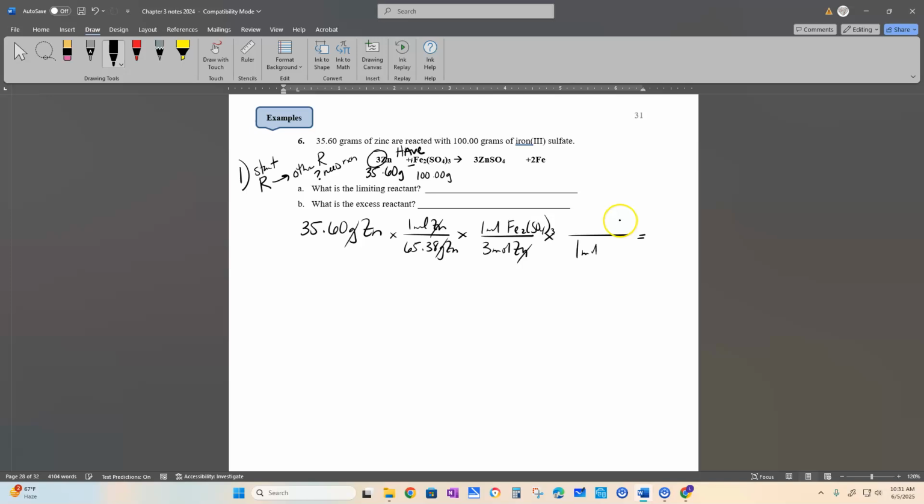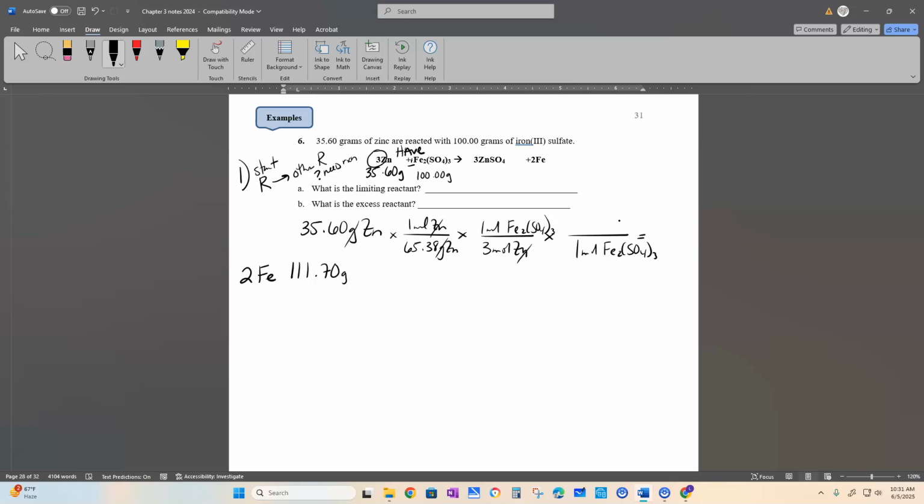And now, unfortunately, I'm going to need to do some molar mass. So let's take a little moment over here. I have 2 irons, which my periodic table says 55.85 times 2. So I'm going to get 111.7, but I need that 0 because of sig figs.